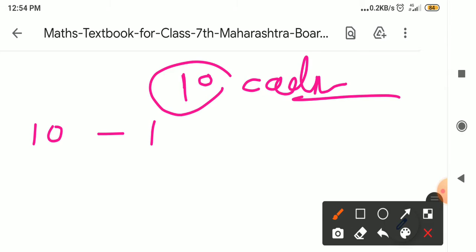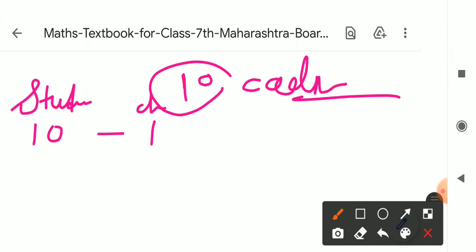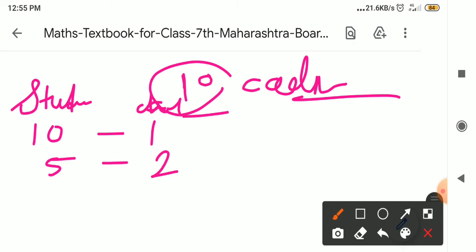If the number of students is 5 and Cadburys are 10, each will get how many? 2 Cadburys. If the number of students is only 1, how many Cadburys will he get? He will get all the Cadburys.